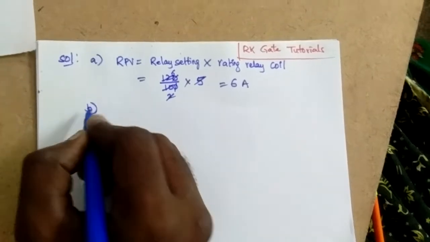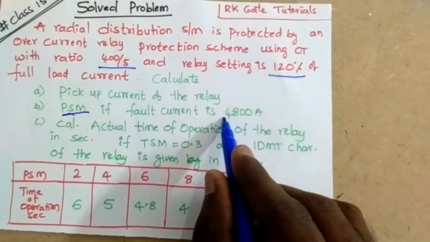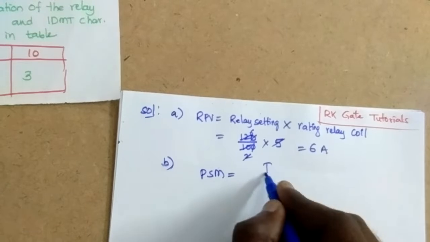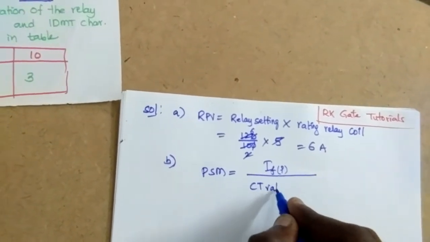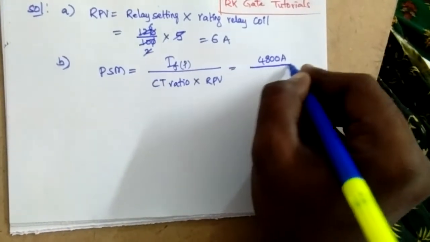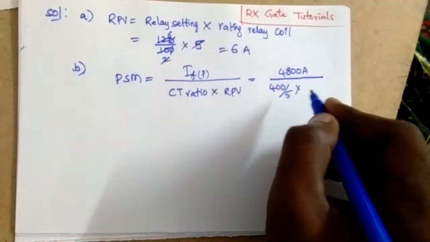Now if you go to the second solution, it is asking to calculate the PSM. The fault current is 4800 amps. We know that the formula for PSM is fault current on primary over CT ratio, multiplied by relay pickup value. That is, the fault current is given, 4800 amps, over the CT ratio, which is 400 by 5, multiplied by RPV.